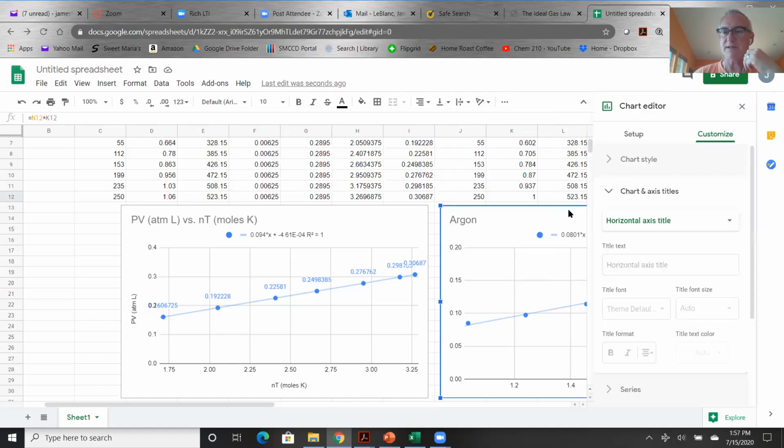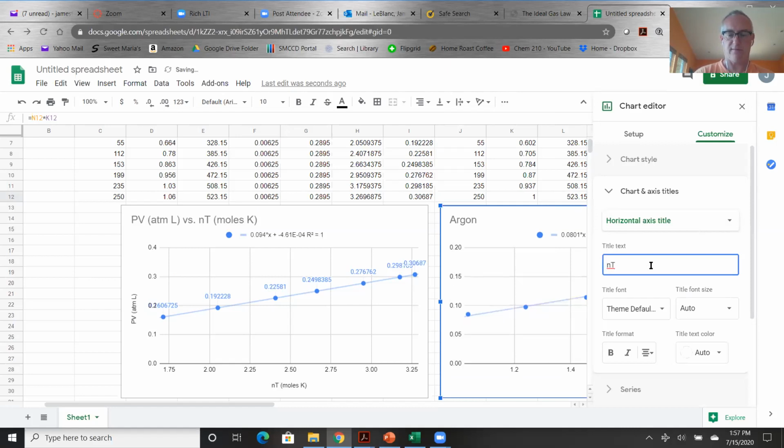Your horizontal axis title will be nT, moles Kelvin. And the vertical axis title will be PV, atmosphere liters. There we go.